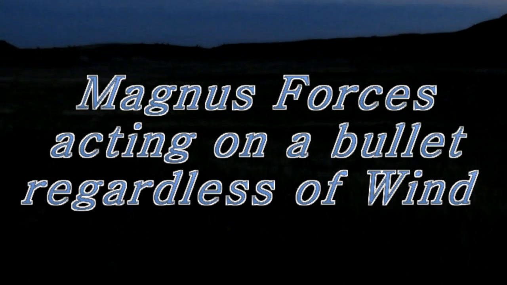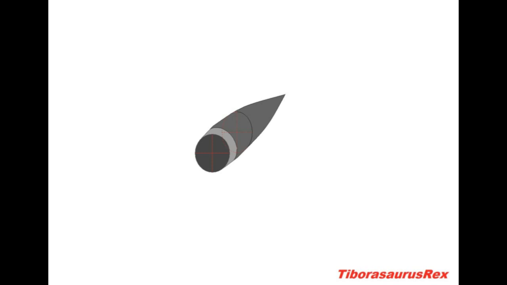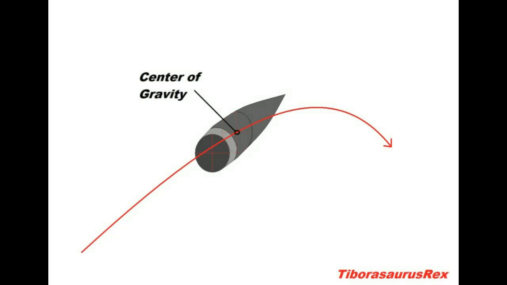Now we're going to talk about Magnus forces where there is no wind, okay? So as the bullet flies along its axis of motion, gyroscopic forces are going to be fighting to keep the bullet's spin axis rigid in space, like we talked about earlier, at that original angle of departure, kind of at an inclined angle.